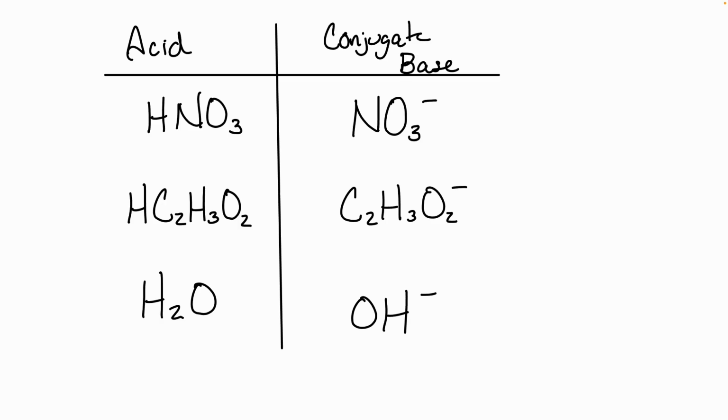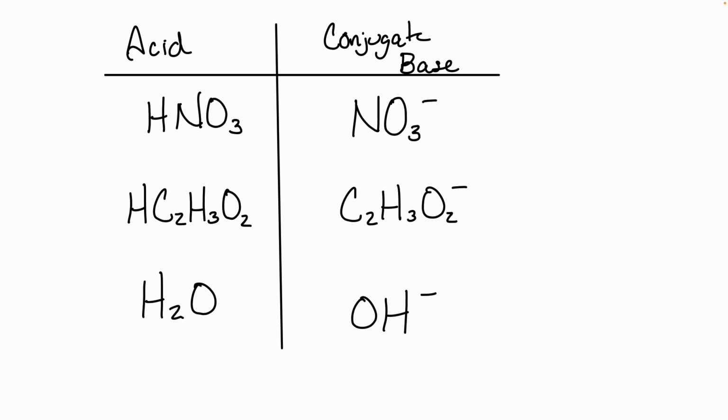What do we know about HNO3, nitric acid? It's a strong acid. That's on our list of 6 strong acids that we just got to know. HNO3, one of our strong acids. What do we know about this thing here? Is it on our list? No, so that means it's a weak acid. And what do we know about water?